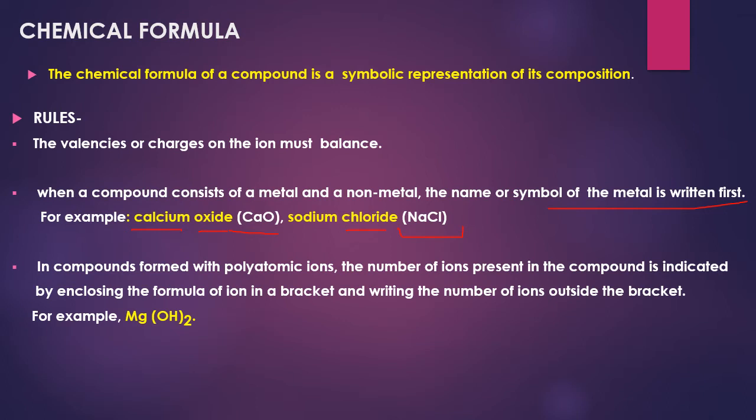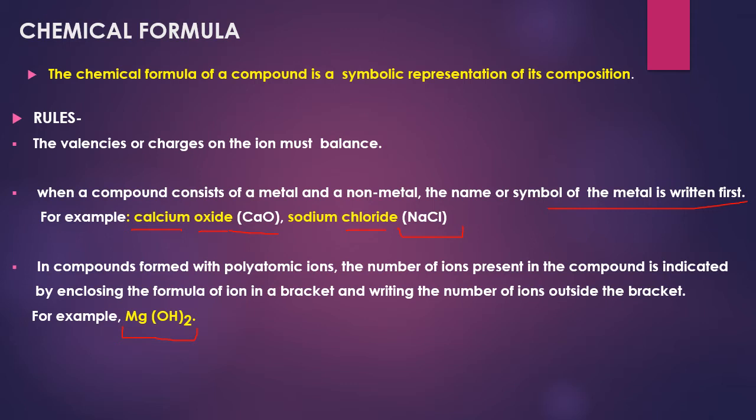In compounds formed with polyatomic ions, the number of ions present in the compound is indicated by enclosing the formula of the ion in a bracket and writing the number of ions outside the bracket. For example, Mg(OH)2, magnesium hydroxide. Here OH is a negative ion formed by combining two elements.